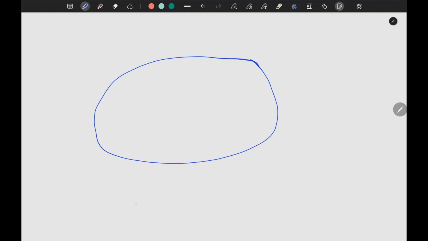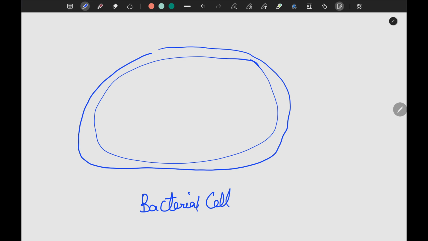Basically, how it is done. For example, you can say this is a bacteria cell. And this outward layer, we can call it the cell wall.